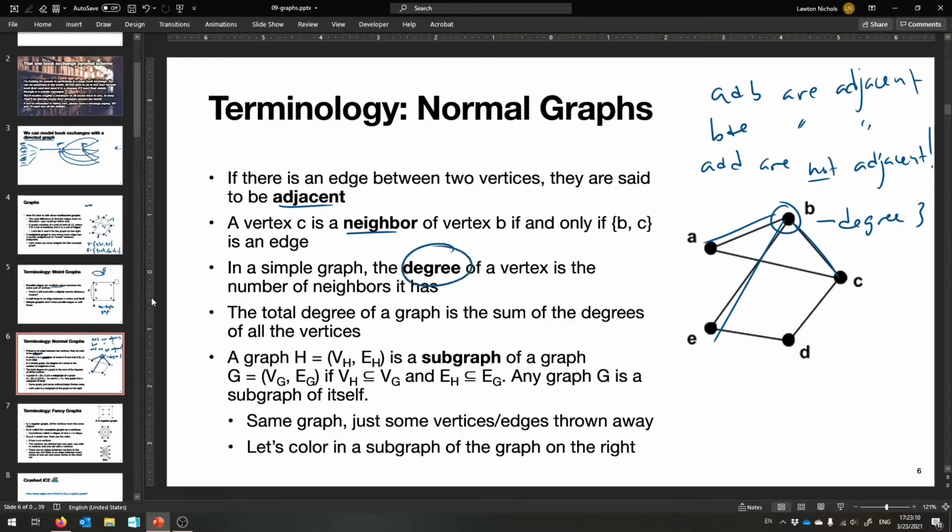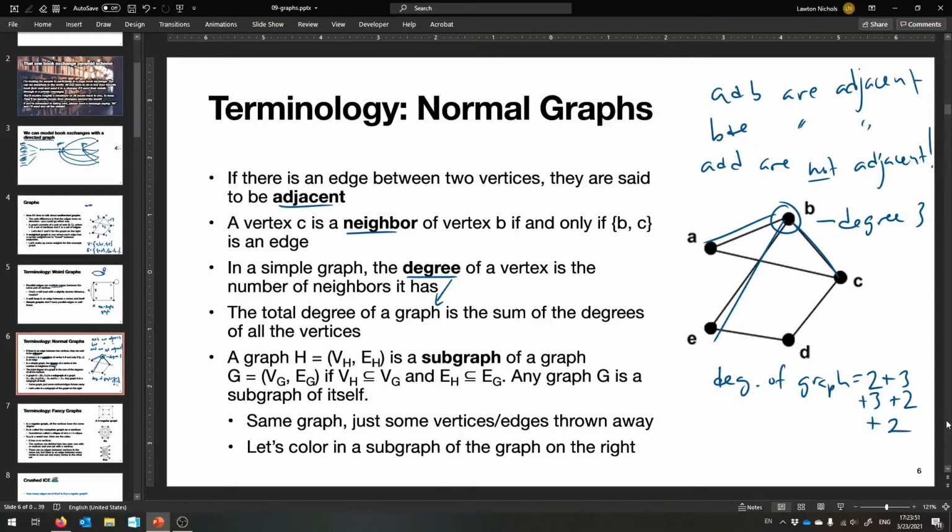And sometimes we take these words and we apply them to graphs themselves. So there is a concept of having a degree for the entire graph, and that is the sum of the degrees of all the vertices. So the degree of the graph is, well, 2, because A's got 2, plus the 3 for B, plus C's got 3, plus D's got 2, plus E's got 2 neighbors.